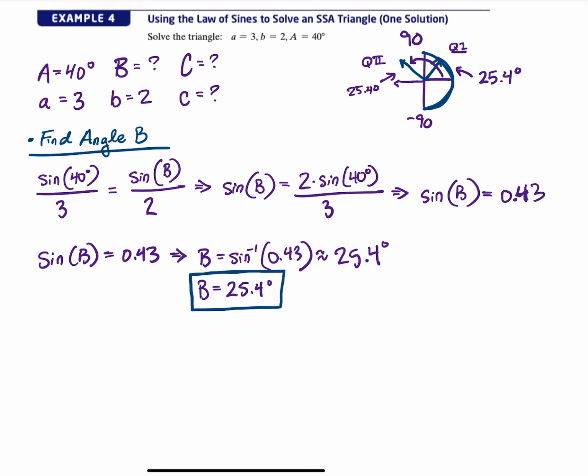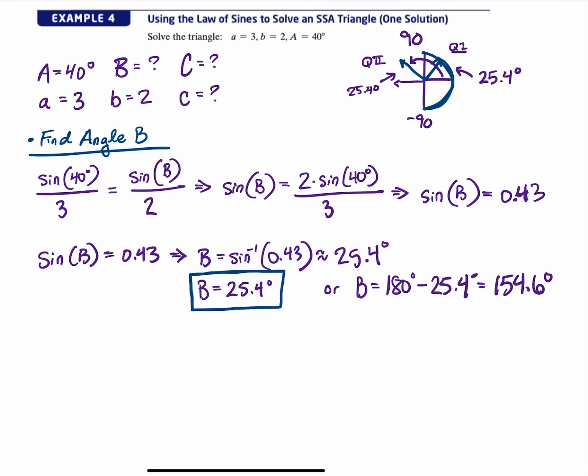So our second option would be, or maybe, B equals 180 degrees minus 25.4, which is 154.6 degrees. And we need to stop and do a little bit of reasoning to see if this is a reasonable angle. Keep in mind that all three angles must add up to 180 degrees.